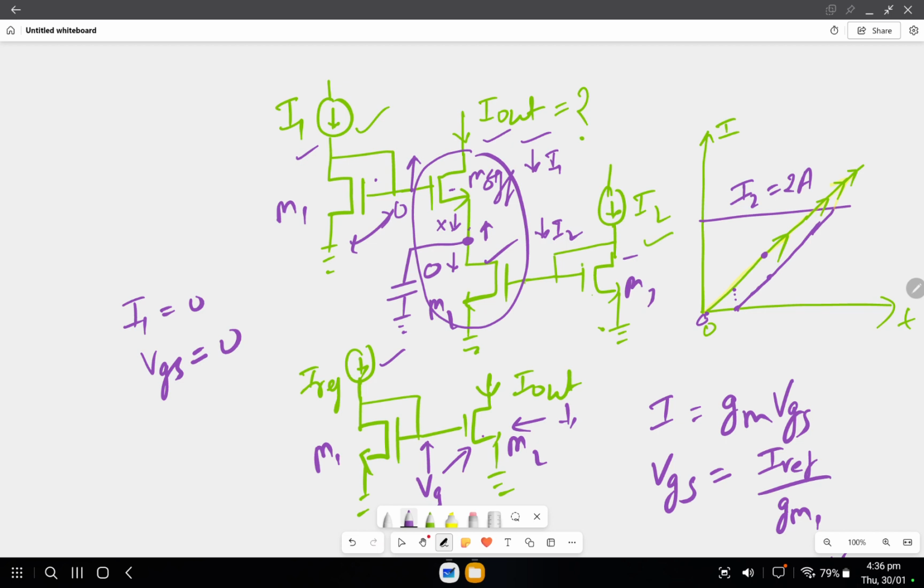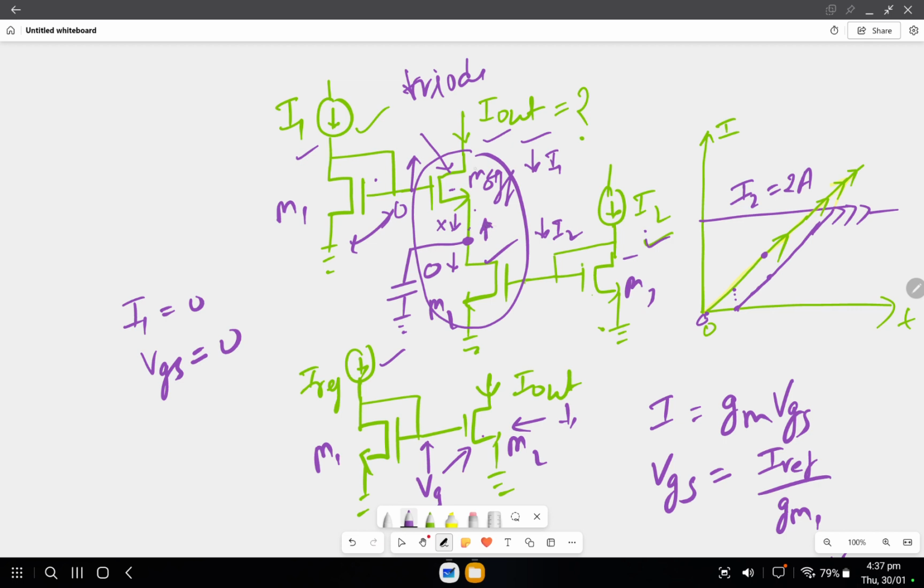So this node will increase, but only I2 current, because that is the lower current now, will flow through I out. Because when I1 is higher, this node will increase, and this will go to the triode region after some time. So this will simply follow the I2 current only, because this node will go up.